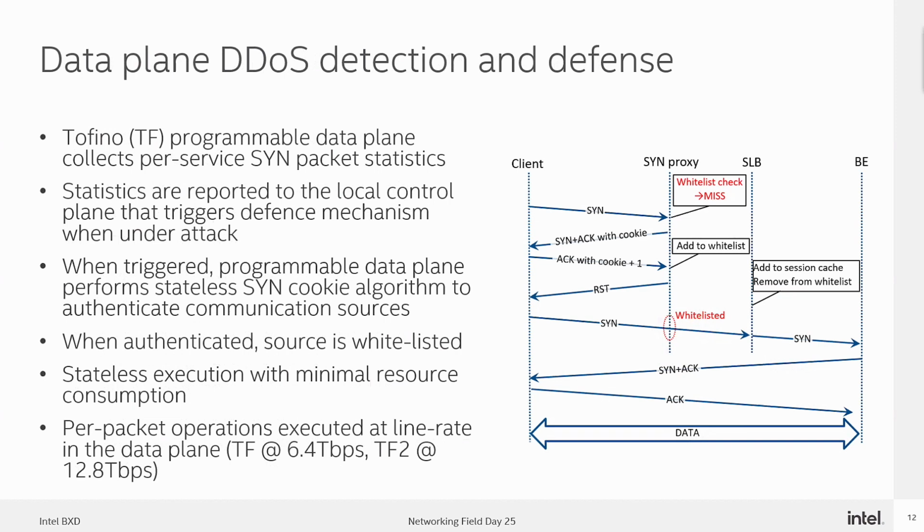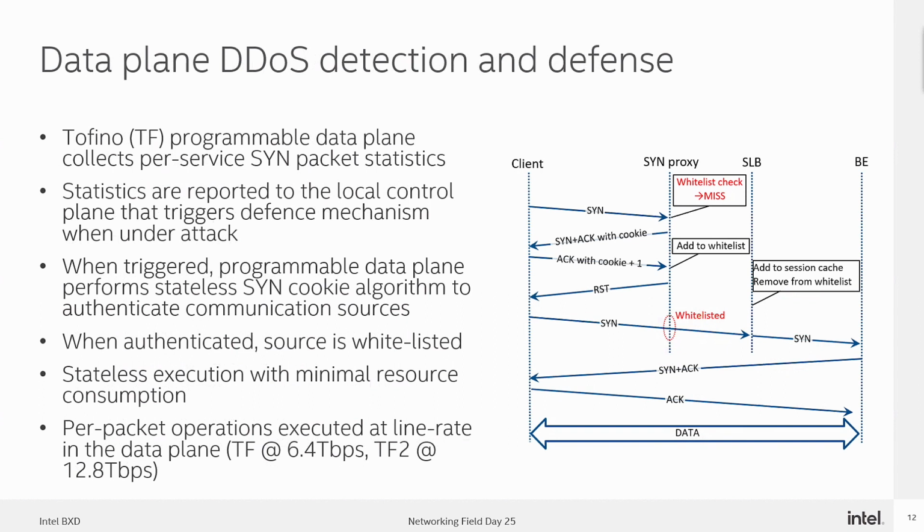The data plane regularly exports information about the SYN arrival rates within a certain time window, and the local CPU is then able to detect spikes or anomalies in this traffic. Based on such a detection, we trigger a defense mechanism, which is SYN cookie based. The legitimate clients would respond with the correct acknowledgement, respecting the cookie, and based on that they would be whitelisted and let into the data center.